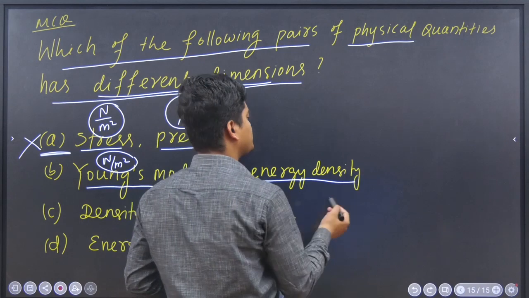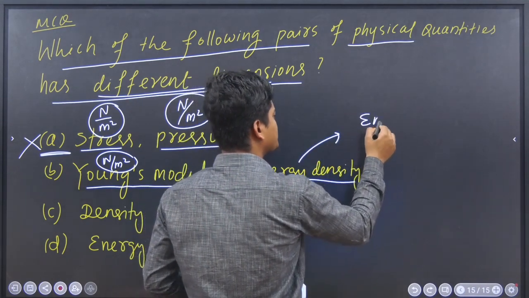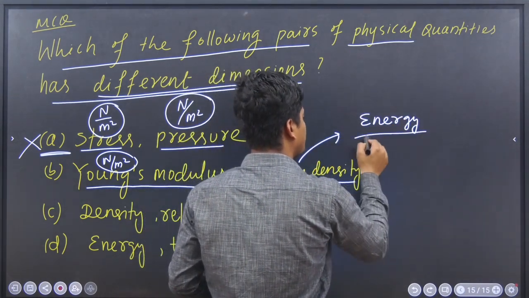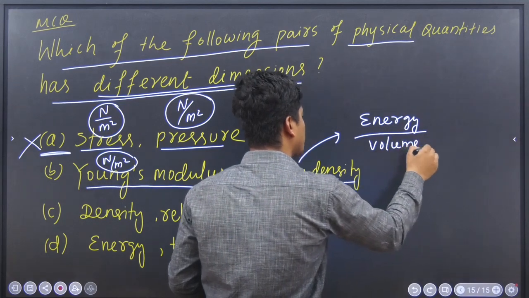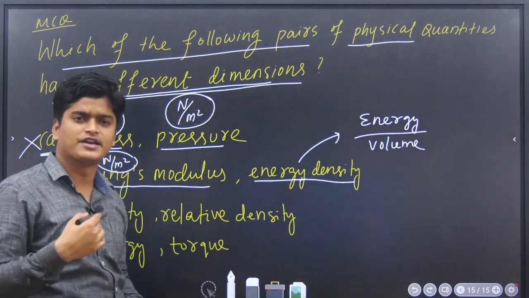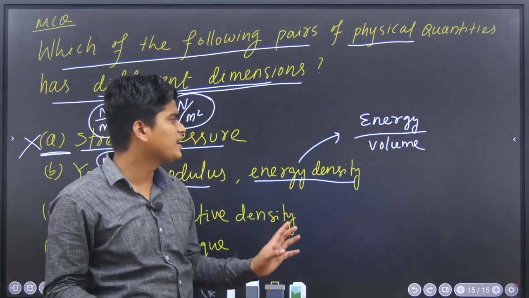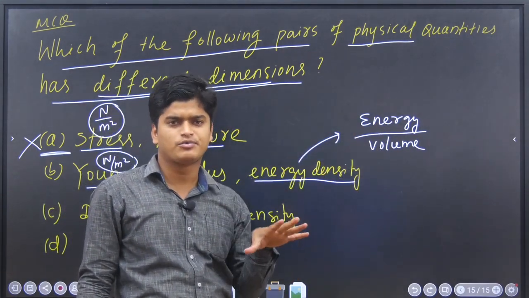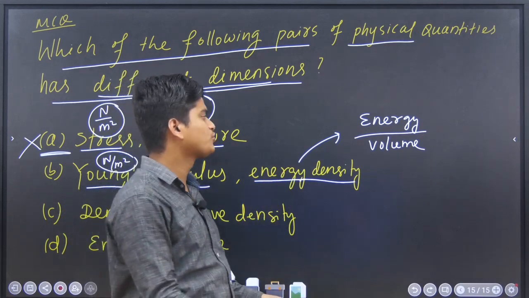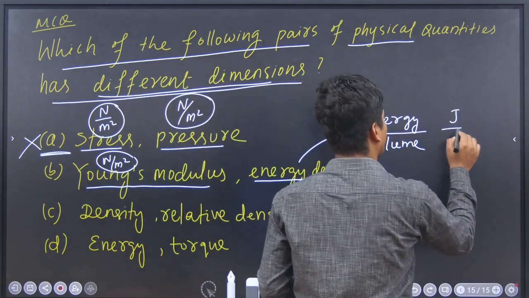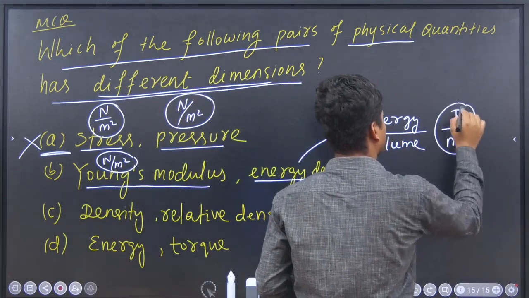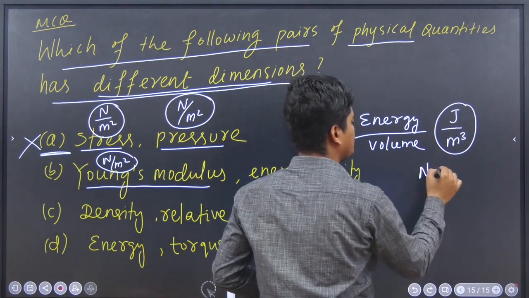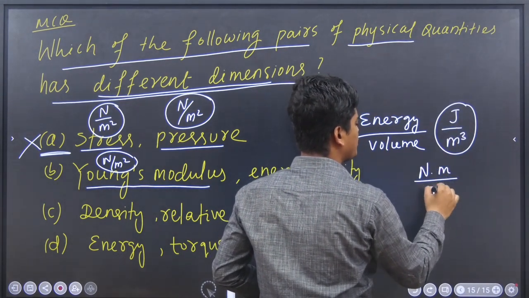Now understand what is energy density. Energy density means energy by volume. Remember, pressure density means pressure by volume, and energy density means energy by volume. So the energy unit is joule, so the unit is joule per meter cubic, and joule is Newton into meter, by meter cubic.